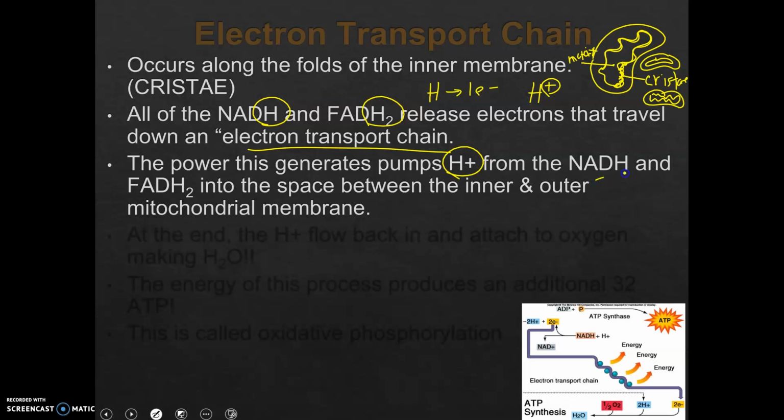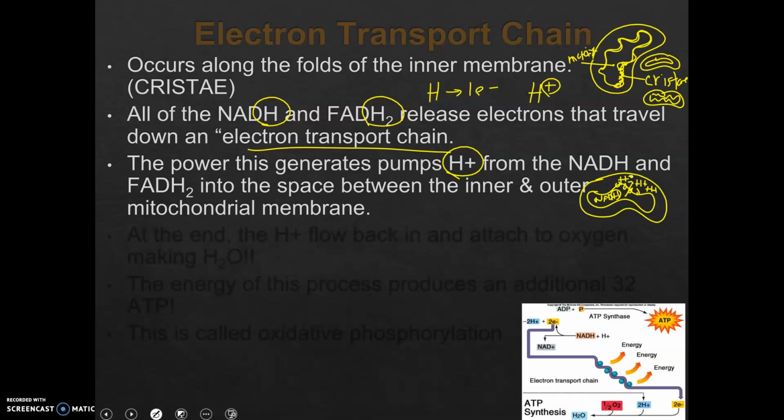intermembrane space. So, in other words, the NADH and the FADH are in here. They're in the matrix. When they get rid of their hydrogen and their electrons, the electrons are going to go down an electron transport chain, and that's going to allow energy to transport hydrogens into this space here, the intermembrane space between the outer and the inner membrane.